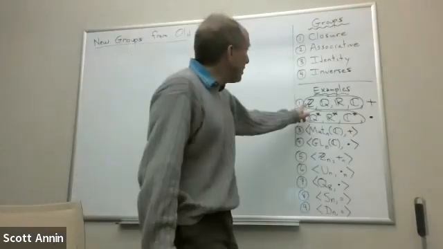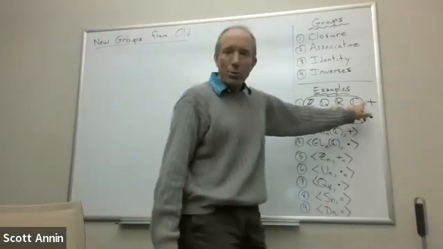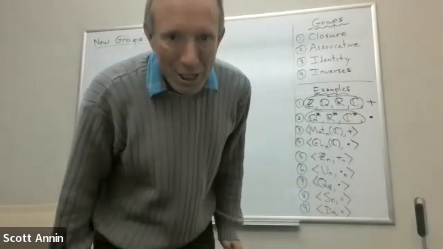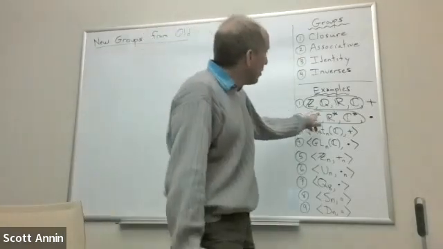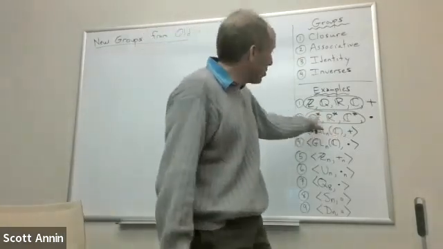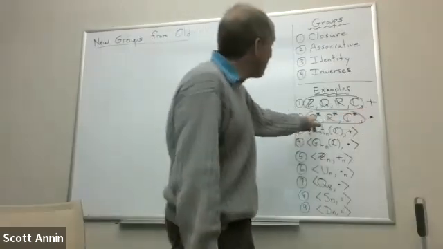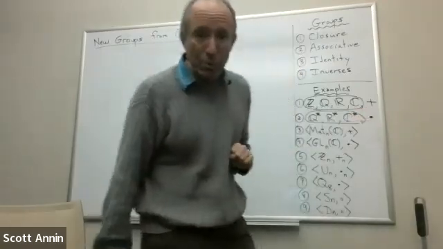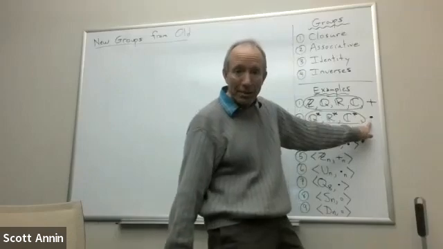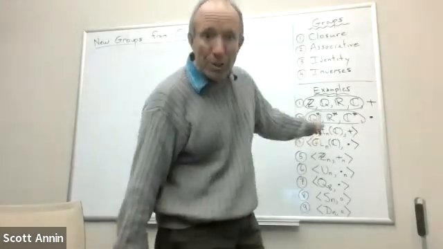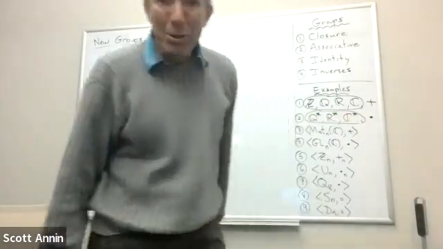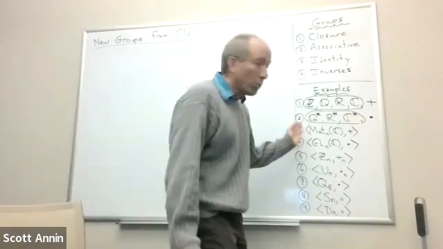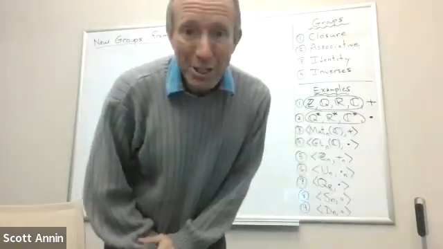For example, the integers, rational numbers, real numbers, or complex numbers under addition. If we throw away 0, which is what the star denotes, then we can make multiplicative groups under multiplication out of the rationals, the reals, or the complex numbers. We can also work with matrices under addition.